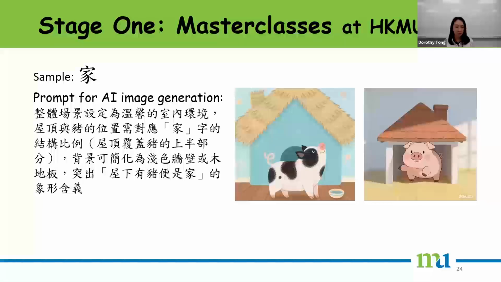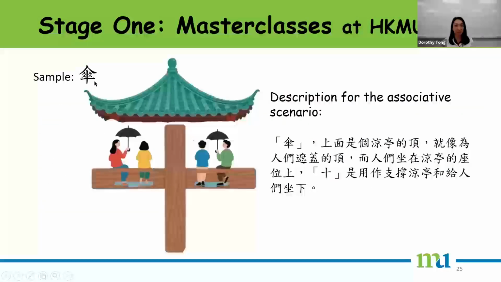And then this is another example. This is the Chinese character 伞, san, which means an umbrella. The students generated this image, which is very close, as you can see, to the form of the character. And they came up with the description of this associative scenario.